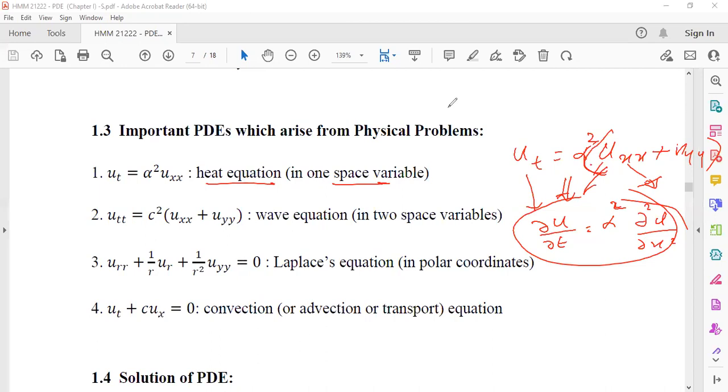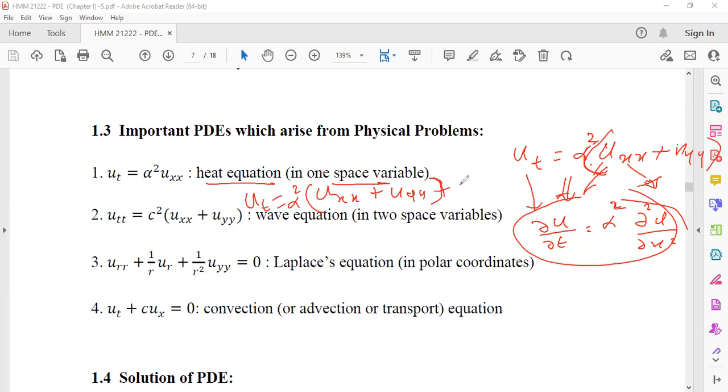Possibly some answers you can't type, so leave those. But whatever I ask that can be typed, you can send me. So if you have u_xx plus u_yy, with alpha times that equal to u_t, this will be two-dimensional.